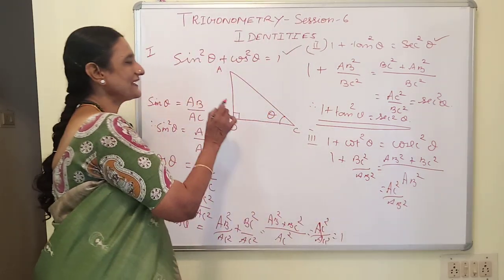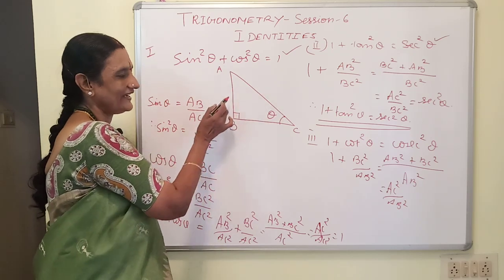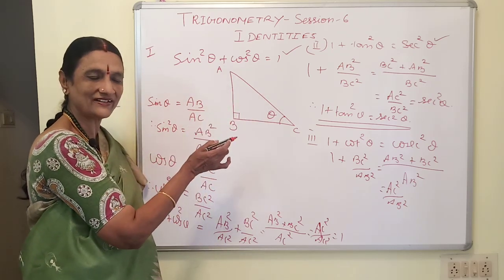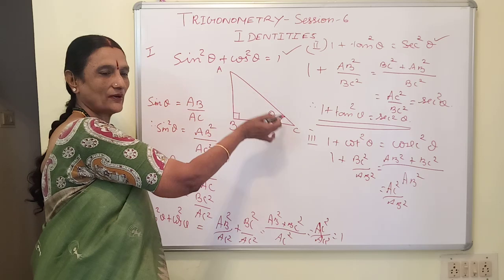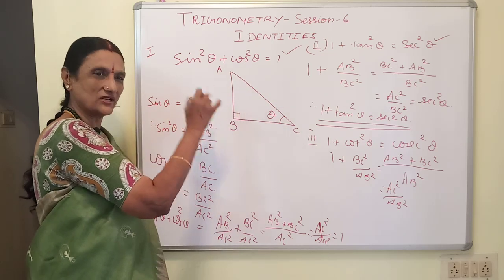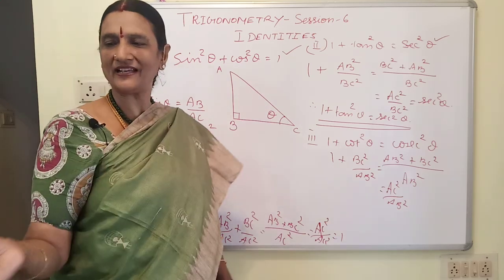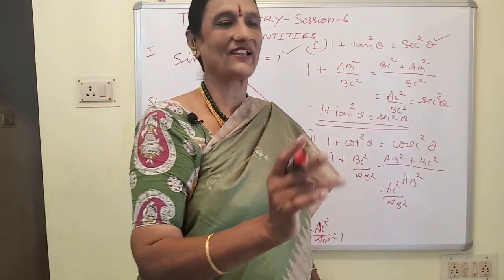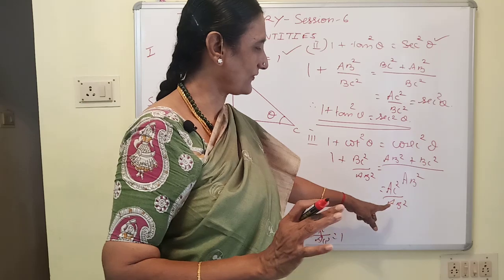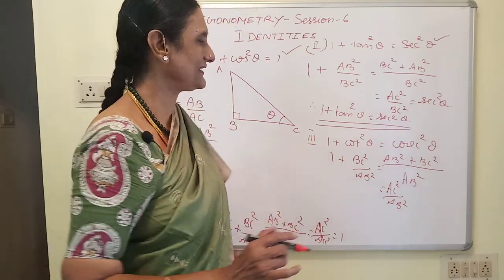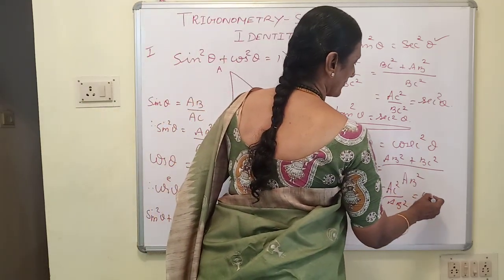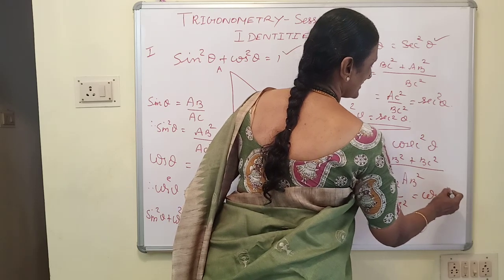Now tell me what is AC square divided by AB square? It is nothing but hypotenuse by opposite the whole square. So hypotenuse by opposite is obviously, yes, cosecant. So therefore this is cosecant square theta.